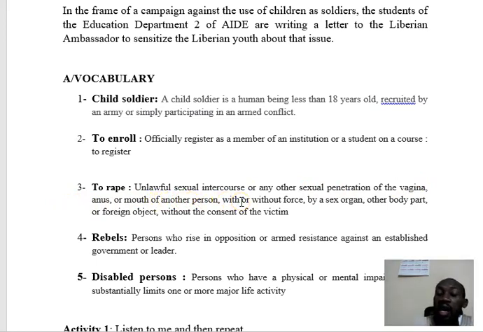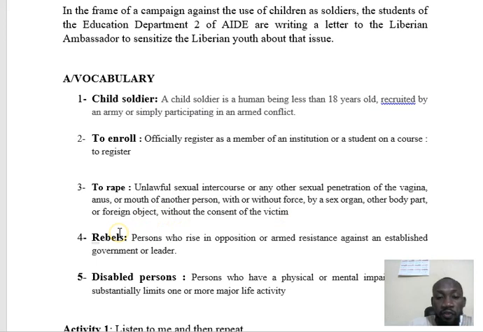And another thing is that if it is not with the consent of the victim, you are considered to be a rapist. So be careful. It can be in marriage, and if you have sex with your wife without consent, this is considered by the law to be rape.